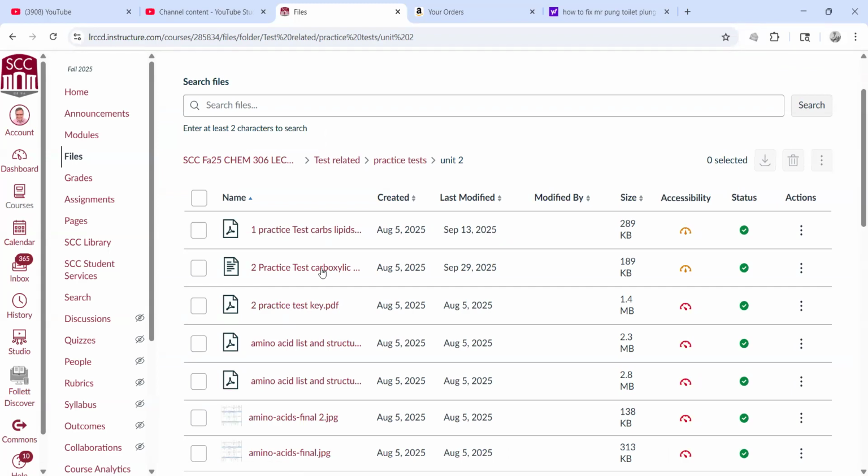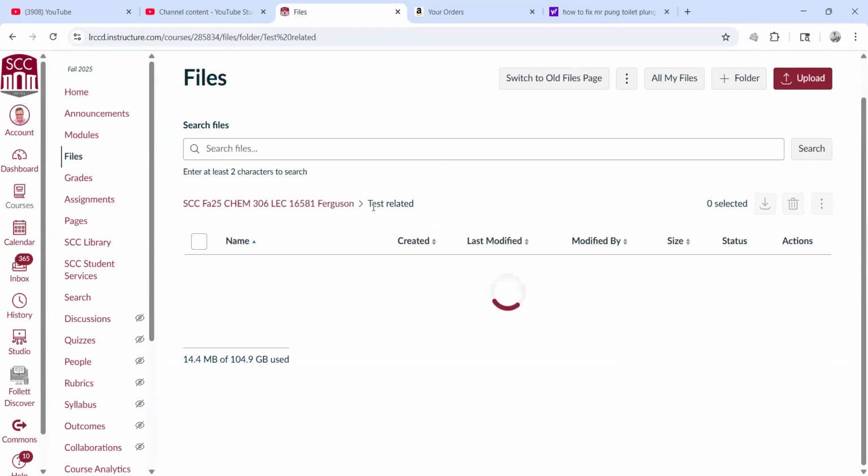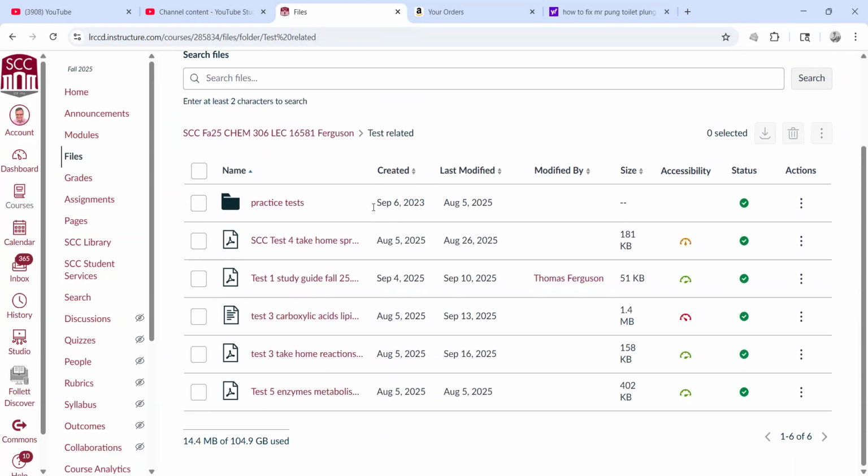Anyway, here's some more practice tests if you're interested. Okay, that's what I wanted to cover today, the practice tests.